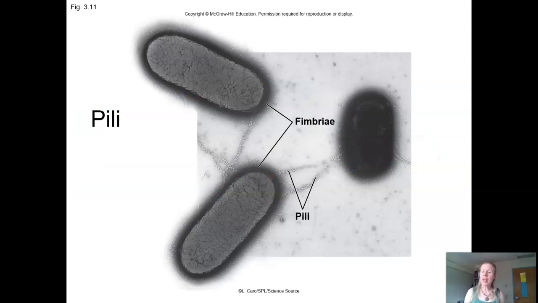Okay, and then pili, or the singular would be pilus. So this is going to be an elongate, rigid, hollow tube that the bacteria puts out, sticks into a neighboring bacteria, and delivers DNA. Might sound familiar.